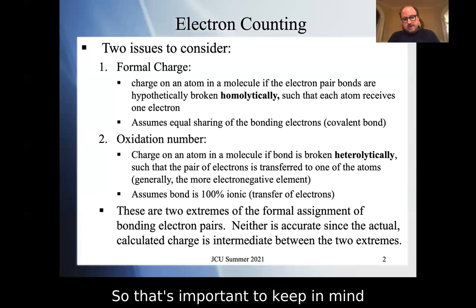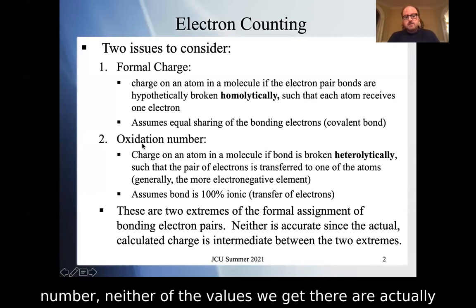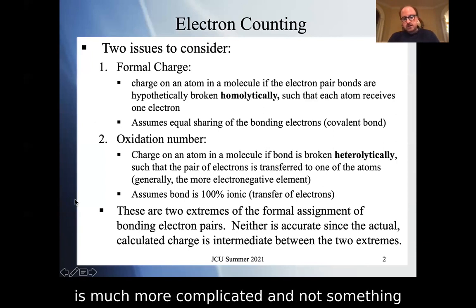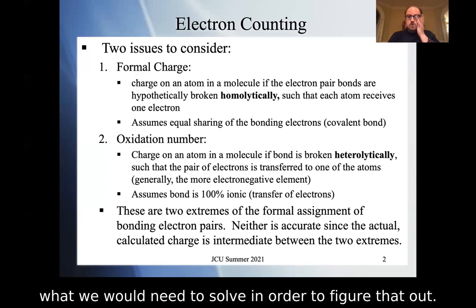So that's important to keep in mind, that whether we look at formal charge or oxidation number, neither of those values is the real charge. Getting the real charge on an atom is much more complicated and not something we can very easily do, given what we would need to solve in order to figure that out.